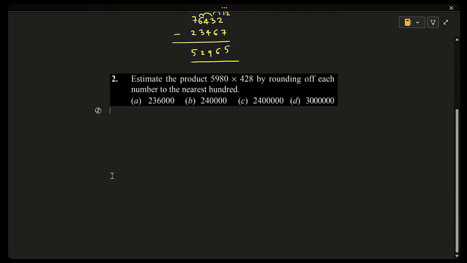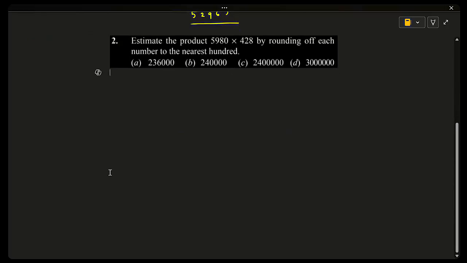Second question. Estimate the product by rounding off each number to the nearest 100. So 5,980 and 428. First we have to round off both of them to the nearest 100. Here the 100's place is 9, so we'll be checking the next digit. If the next digit is among 0, 1, 2, 3, 4, then we don't change anything, write as it is.